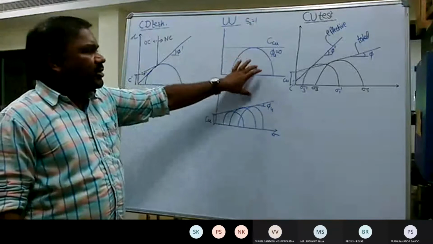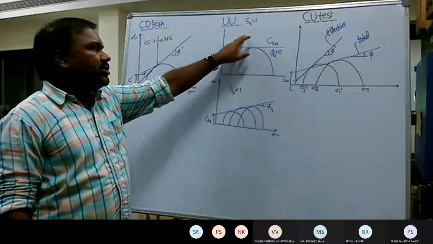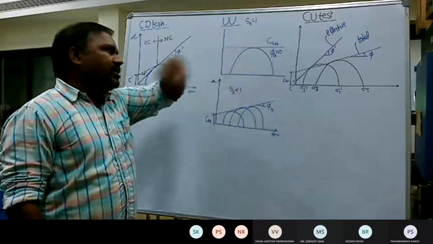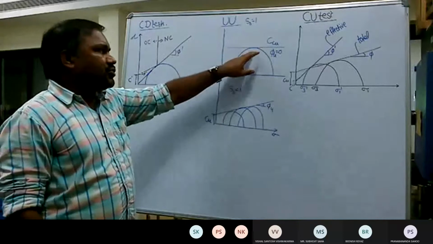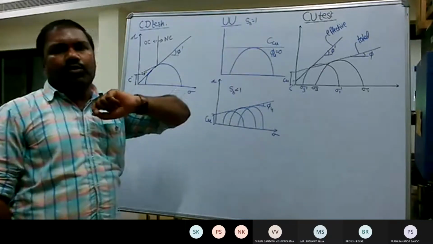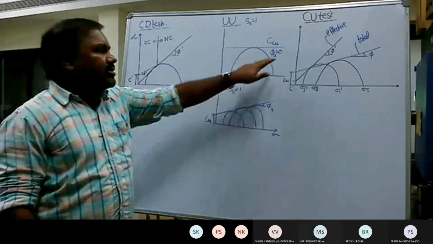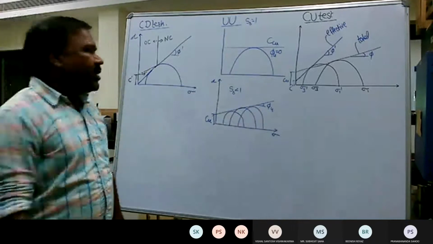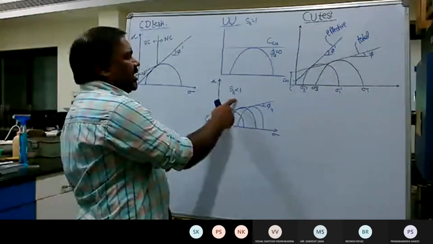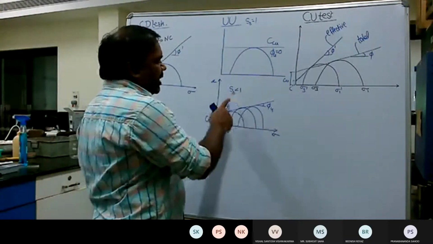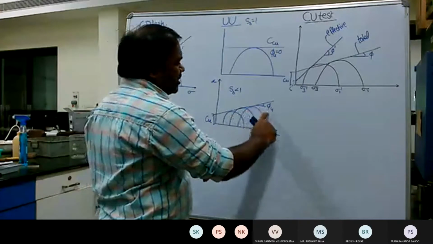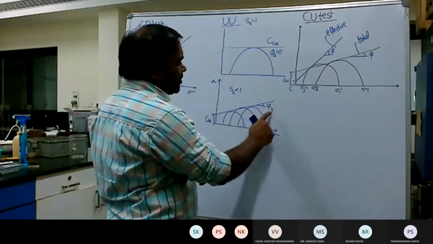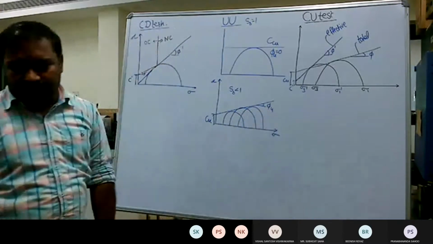For example, if you look at these two conditions, this is the worst condition, but it simply says that the strength is solely dependent on the cohesion component and independent of the friction. Suppose the degree of saturation is less than 1, it highlights that the strength is dependent on both the undrained cohesion as well as the undrained friction angle.